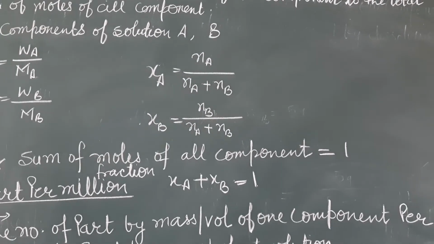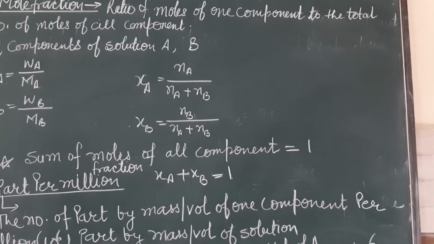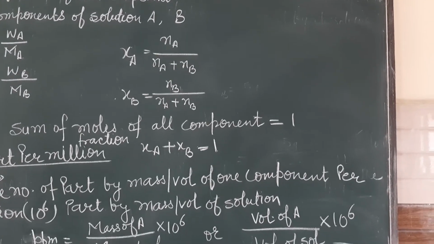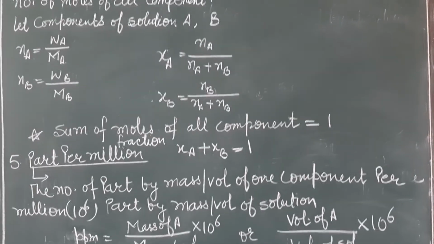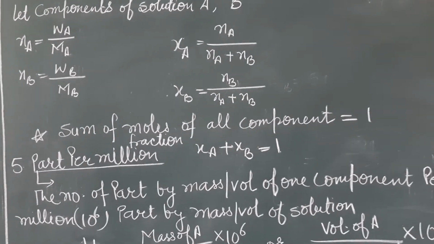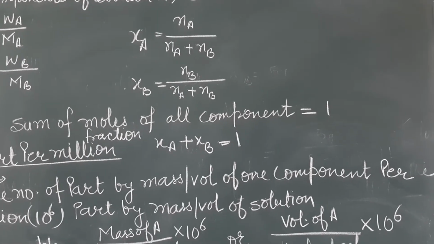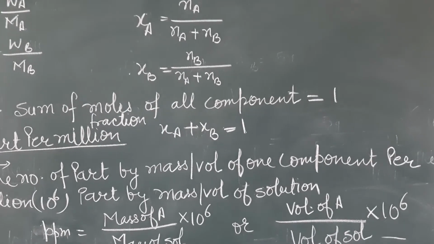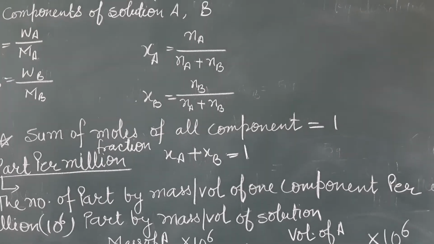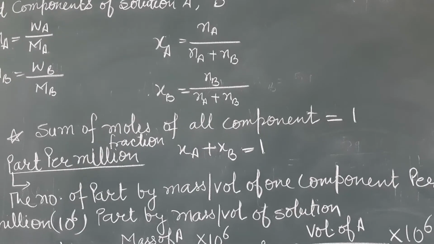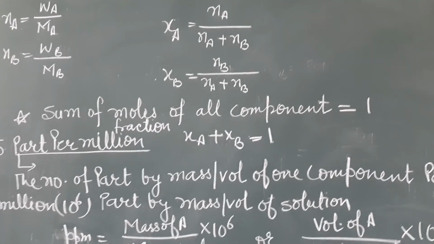Mole fraction of B component is equal to the number of moles of B divided by the total number of moles of A plus B, the two components which are present in the solution. The sum of mole fractions of all components present in a solution is always equal to 1. In this, we take the solution components as A and B. So mole fraction of A is XA, mole fraction of B is XB, and their sum is 1.